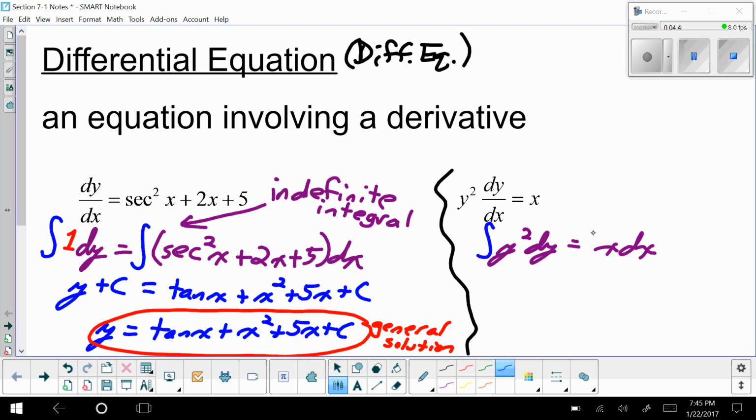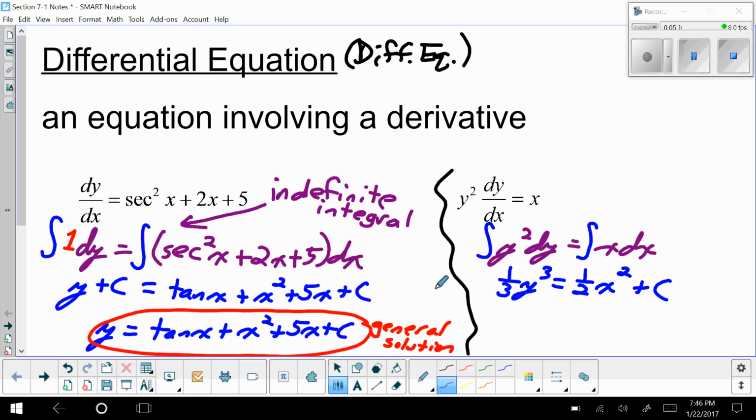Integrals are the inverse of derivatives. Well, the antiderivative of y squared with respect to y would be 1/3 y cubed. I'm going to worry about just putting the plus c on the right-hand side with the x. I'm not going to worry about putting it with the y's. Antiderivative of x with respect to x is 1/2 x squared. And then my plus c.